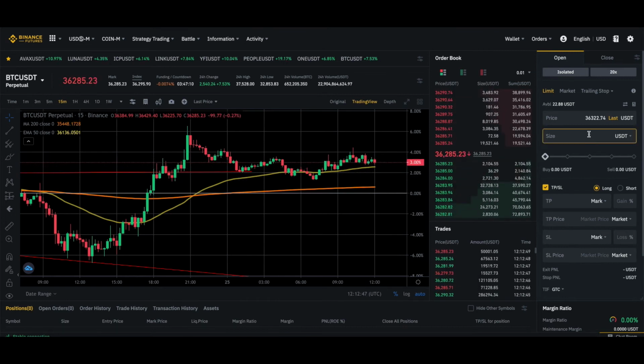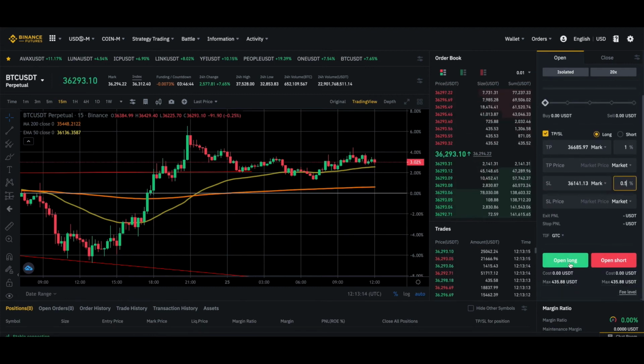So you could say, I want to buy however many Bitcoin at this price, and I want to take profit when it gets to that next percent there, so there's 1, and then I want to have a stop loss in place, so if it goes below that line there, let's say 0.5. This is just an example of using this chart, and then it will fill in the price there, and then you can create here.